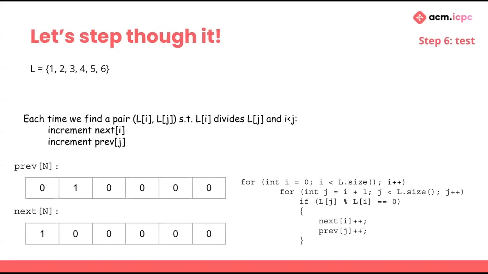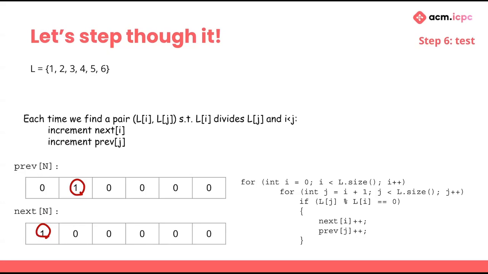Therefore, we increment the value for pref for the second element, since there is one element going before it that divides it. And we'll increment the value for next for the first element, since there is one element that goes after 1 that 1 divides.